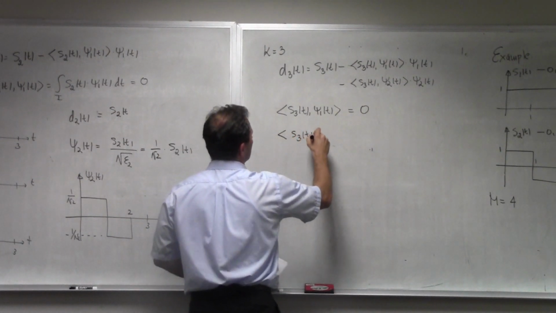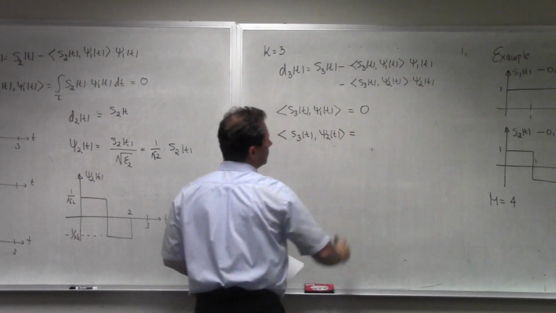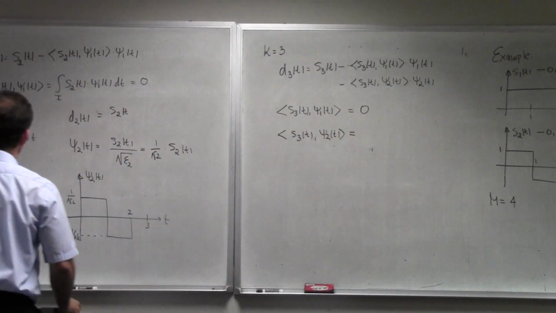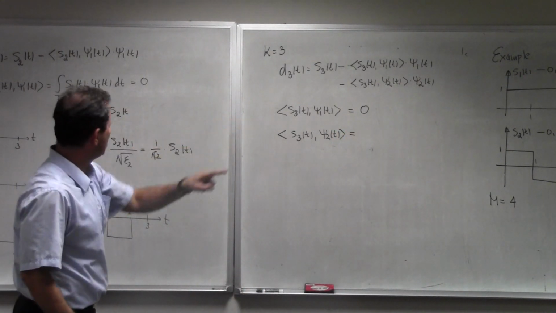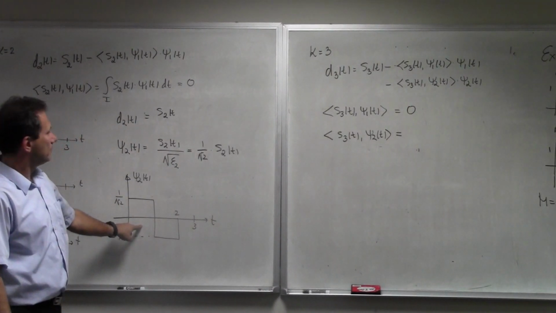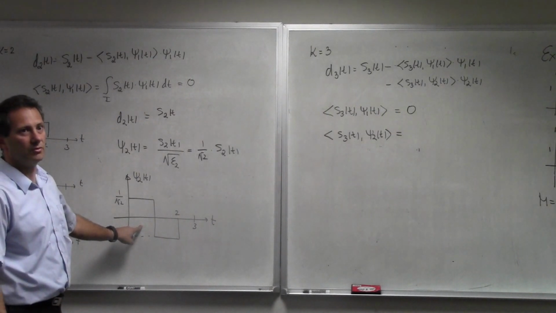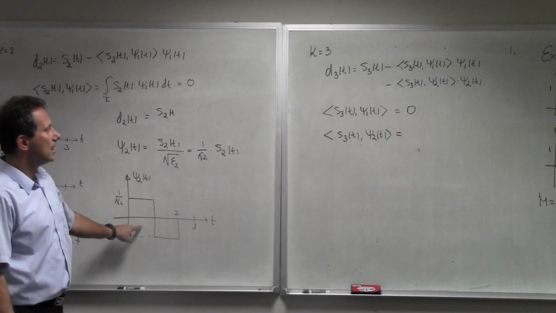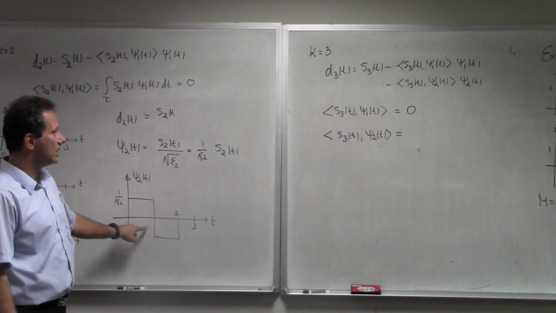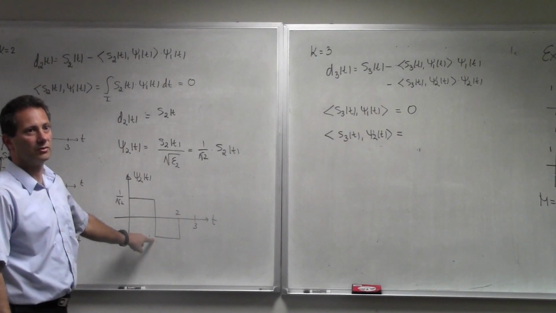S3 of t in dot product with psi 2 of t is going to be equal, now I'm taking the dot product between S3 of t and this guy. Now you can see between 0 and 1, you get a negative pulse with minus 1 over square root of 2, right? Between 1 and 2, you again get a negative pulse with minus 1 over square root of 2.